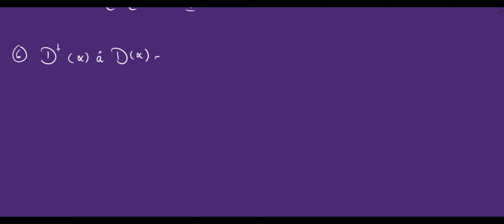Now let us go on to the sixth property, which is also one important property: if I transform the annihilation operator a cap using the displacement operators, then this is equal to a cap plus alpha times the identity.